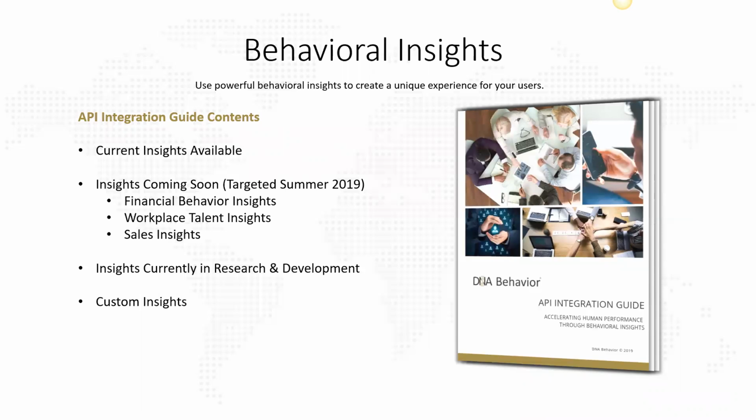In addition to what we have on our roadmap and things we're currently in the process of loading up into the sandbox, we also do custom development. So if there's any specific problem you're trying to address, whether it be AI or machine learning or how people have their work talents or any type of habit, we can measure most anything a human does in a workplace or their life, or a decision they make, with behavior.